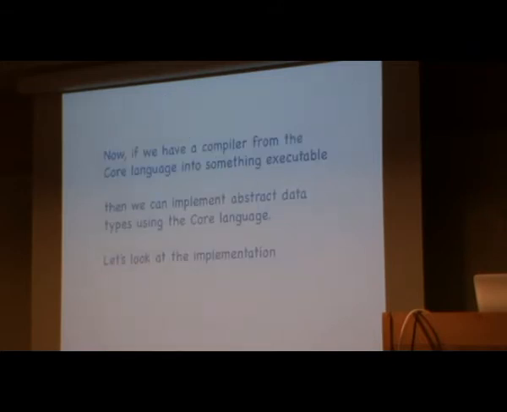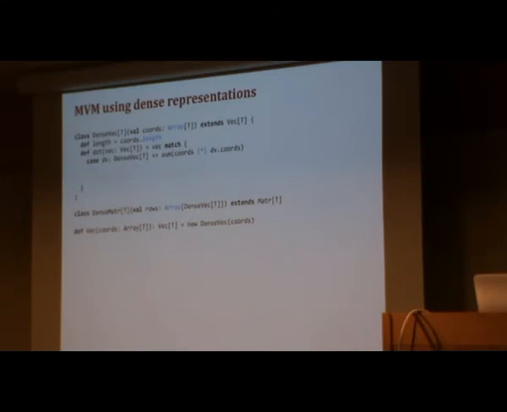Now if we have a compiler from the core language into something executable, then we can implement abstract data types using this core language. So let's look at the implementation. We can use the array language, for example, to implement a dense vector. To implement a dense vector, we extend this vector interface, and we just need to implement the methods declared here.